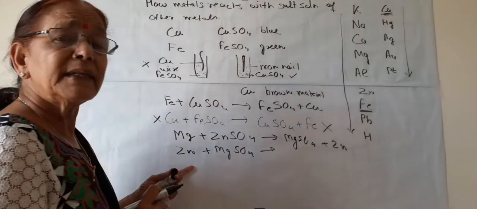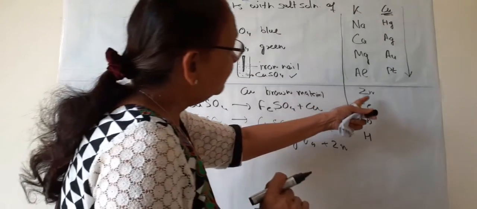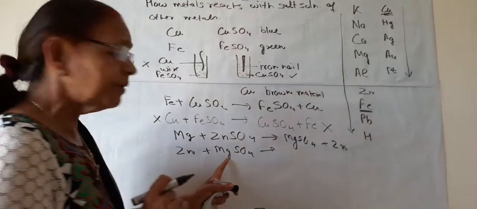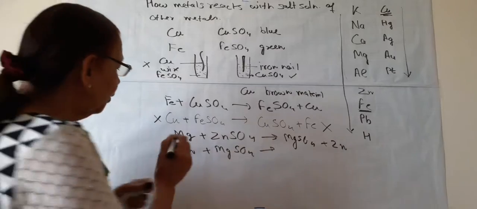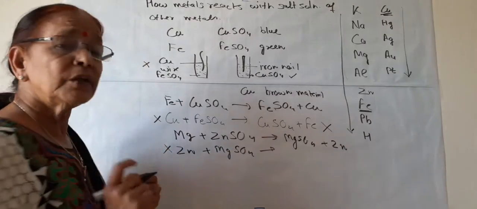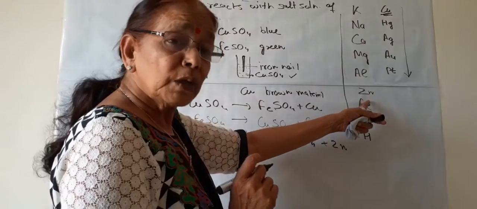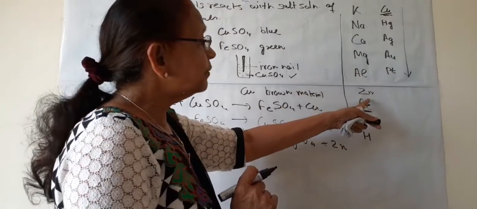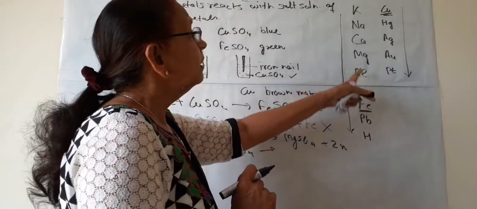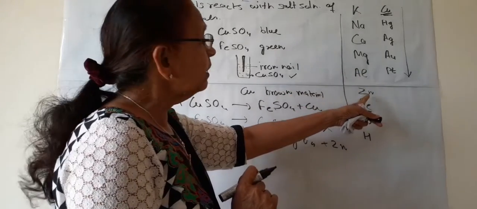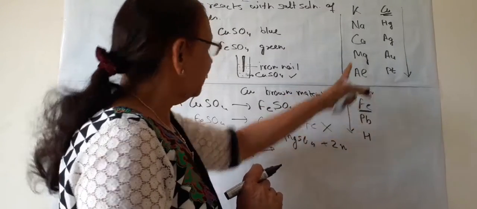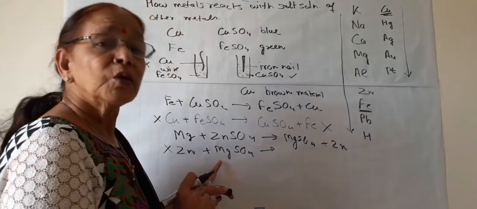But is this reaction possible? Can zinc displace magnesium from magnesium sulfate? No. This reaction is not possible because zinc is at a lower position than magnesium. It is weaker than magnesium in reactivity, so it cannot displace magnesium from its solution.